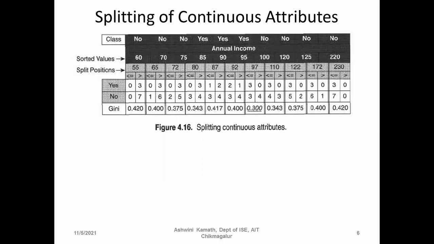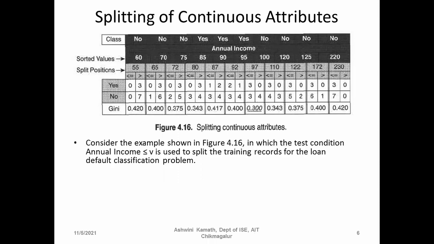Before discussing the split positions, we'll discuss what we can do with this. Consider the example shown in this figure, in which the test condition annual income less than or equal to B is used to split the training records for the loan default classification problem.